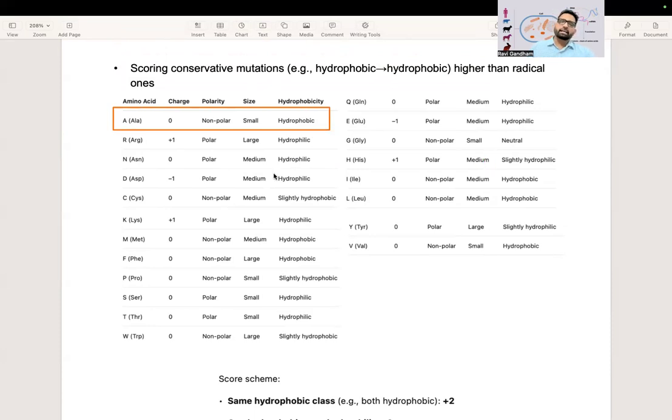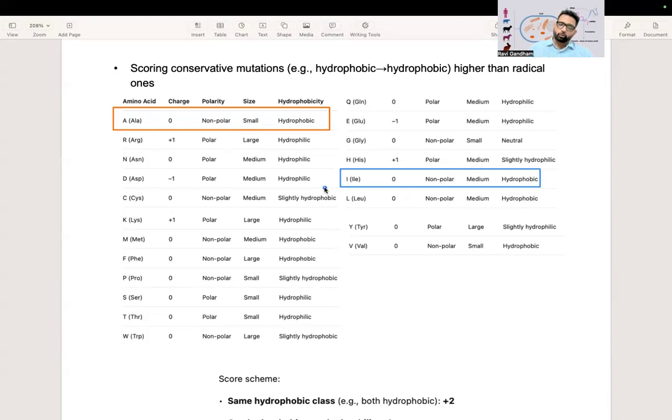And isoleucine here is again a non-polar hydrophobic amino acid. Both of them belong to the same group. And that's the reason why, if there's a substitution from alanine to isoleucine, you don't give it a negative score, but you give it a positive score. And this is the concept of similarity that we discussed.